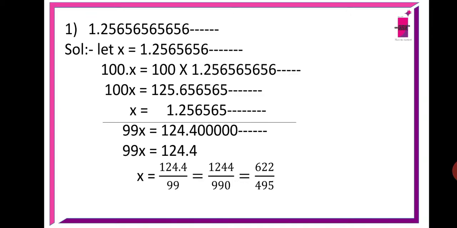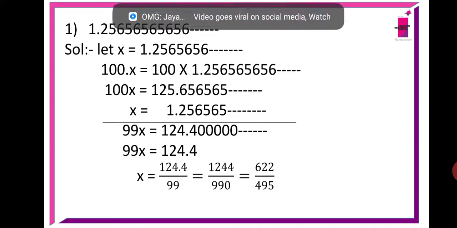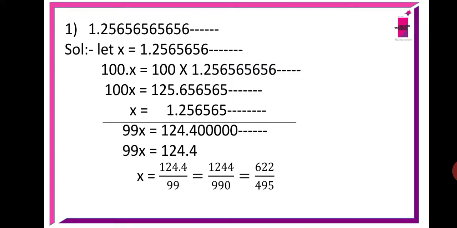So 100x equal to 125.6565, and you are going to subtract x from 100x. So 99x equal to 124.4, or x equal to 1244 by 990, which equals 622 by 495. This is the procedure to convert non-terminating decimals to a rational, fractional number.